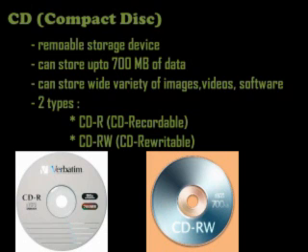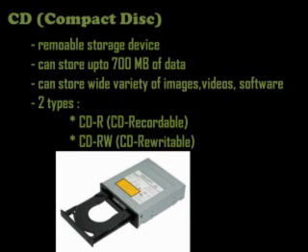Then CDRW means we can write, erase and rewrite any number of times. How many times you want to write, how many times you delete, that we can do in the CDRW. Then a CD-ROM drive is used to read and write the CD data.